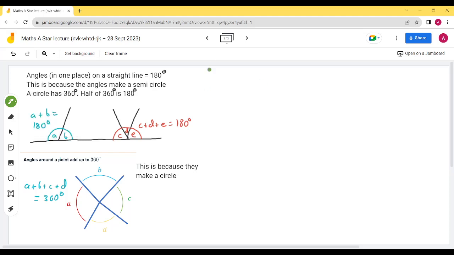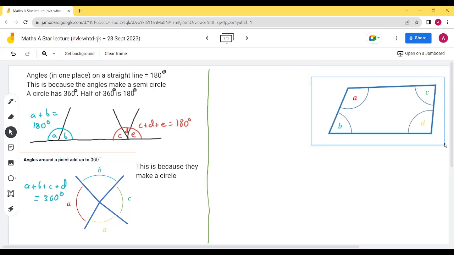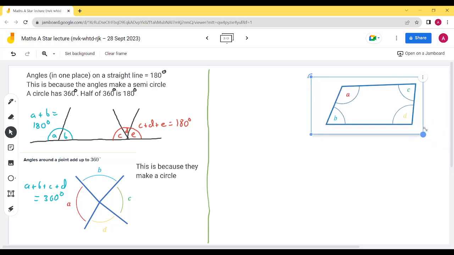All right, this is an additional extra rule at this stage that I'm going to chuck in: angles in a quadrilateral. So we've got a quadrilateral up here, and this is similar to a circle.